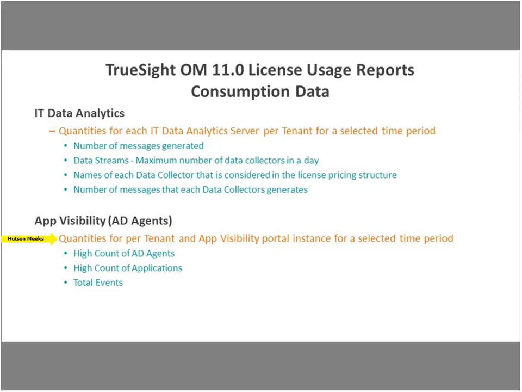We're showing a high watermark or a maximum count of AD agents that were utilized during that time period. It's not the sum, it's the highest number that were executed and used during that period. A high count also of applications that were utilized during that period of time. Applications meaning applications as you would see in the presentation server, and the total number of events associated with the AD agents that were generated during that time period.